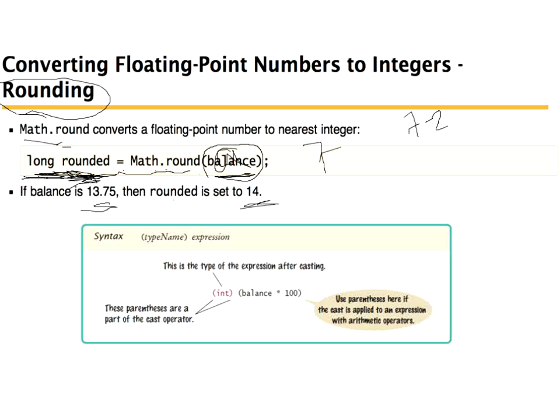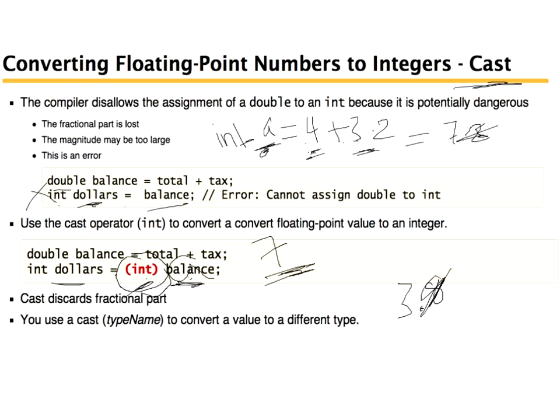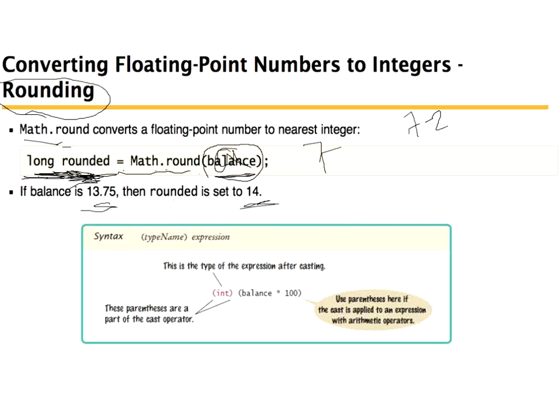What if we had 4 plus 3.5? Now the actual result will be 7.5. But we know in mathematics, in rounding, any value that is 0.5 and above will be rounded to the next number. So you will have 8 instead.